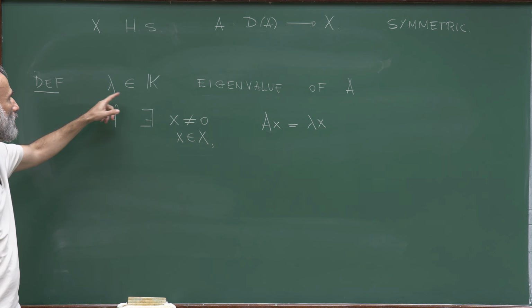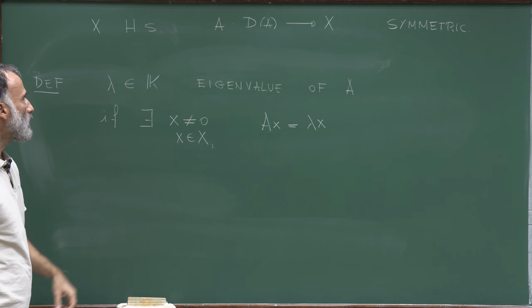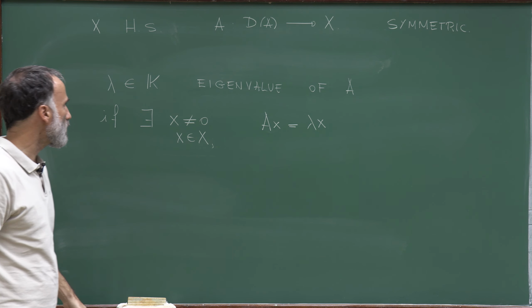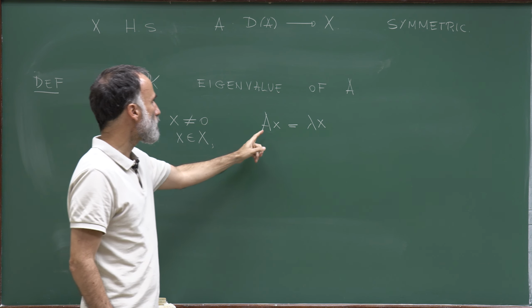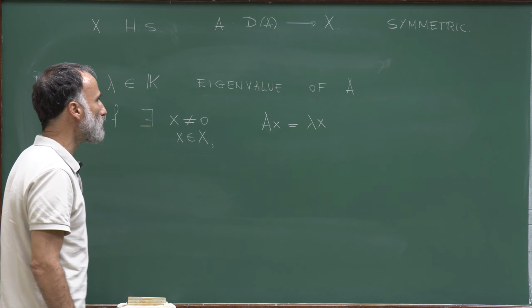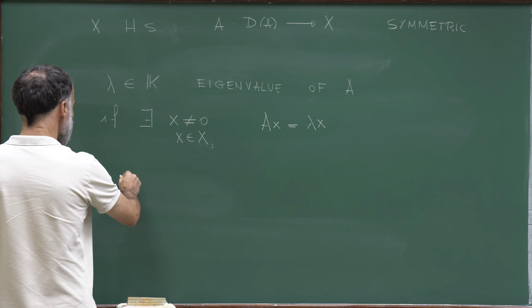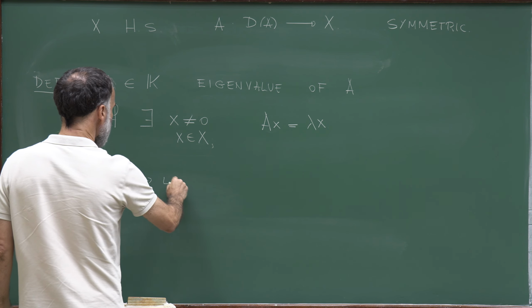So I'll say that lambda, an element of the field K, is an eigenvalue of A if we can find x in X different from 0, such that A of x is equal to lambda x. And x is called the eigenfunction.